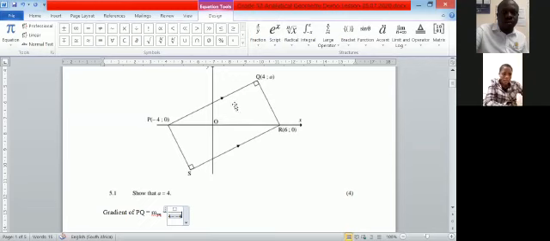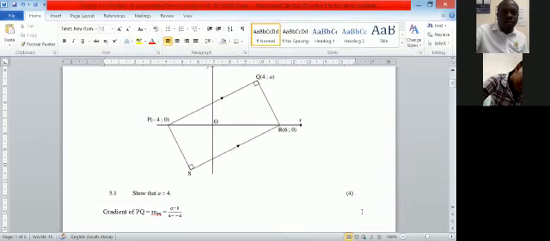Look at the x coordinates. And then the numerator will be A minus 0, the y coordinates.